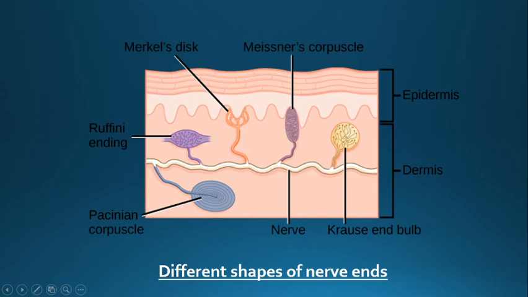Some of them detect cold, some detect heat, some detect pressure, and some others detect touch. Like that, according to the shape of these nerve endings, their detecting sensations are different.